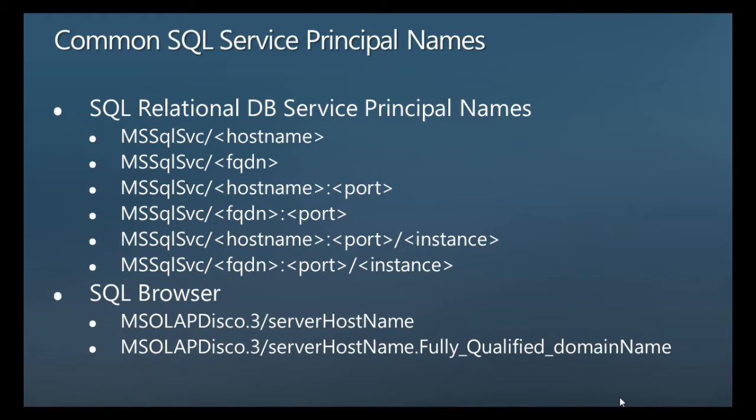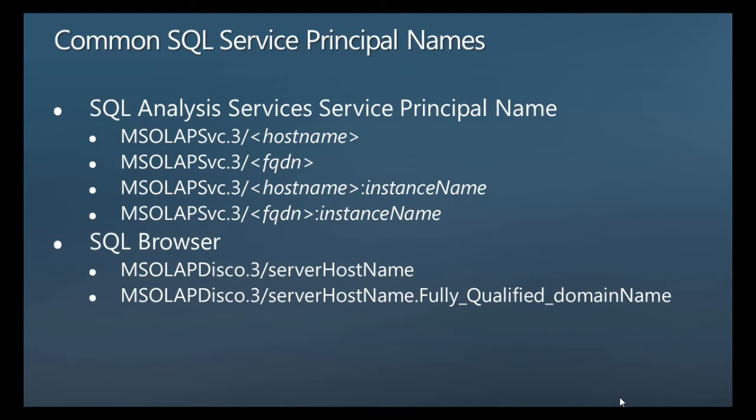Now with named instances, because they're leveraging dynamic ports, which leverages SQL Browser, you need to also ensure the SQL Browser is configured for Kerberos so that it returns the correct connection string to your client. You do this by registering a different service class, the MS-OLAP Disco.3 service class, and then you register the service host name and the server host fully qualified domain name.